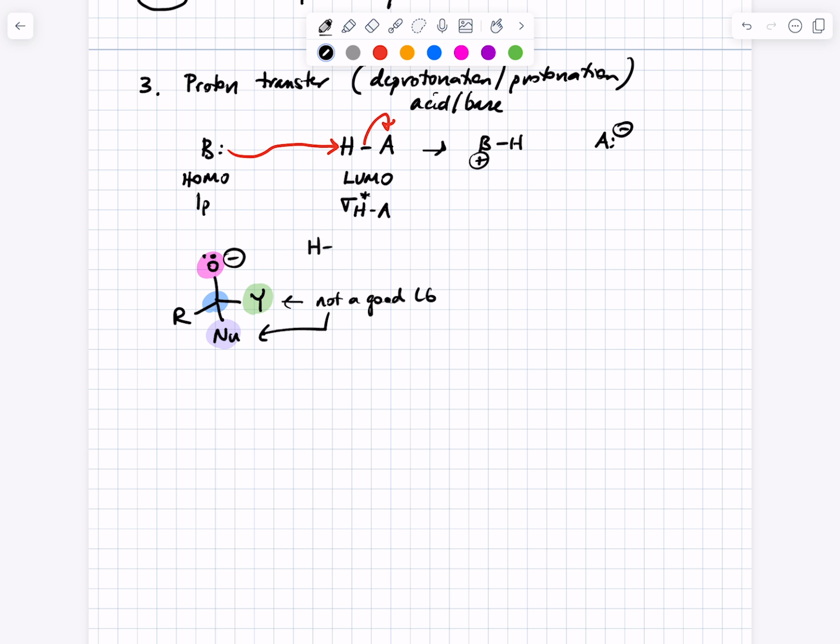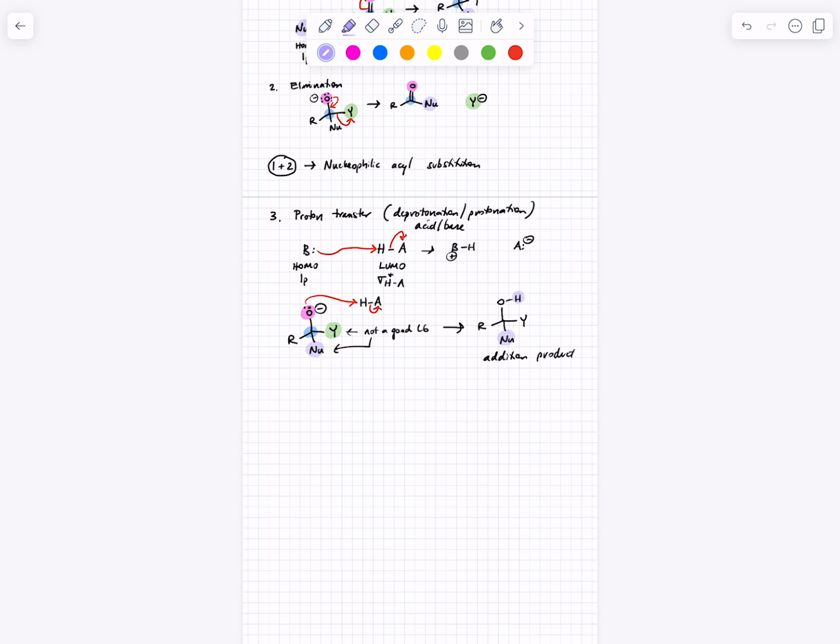Instead, what will often happen is we will protonate the carbonyl oxygen, what used to be the carbonyl oxygen, to get rid of its negative charge, and that will give us this, what I've called an addition product, where in place of the original carbon-oxygen pi bond, you've got the nucleophile and then the hydrogen from the acid.